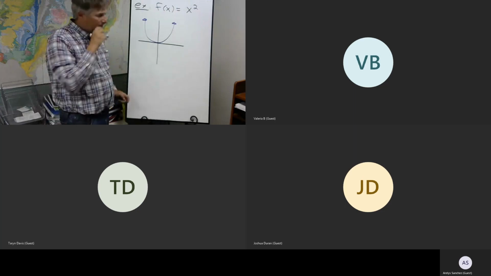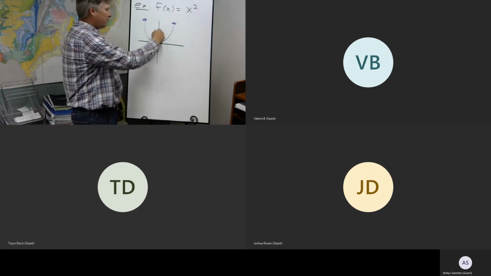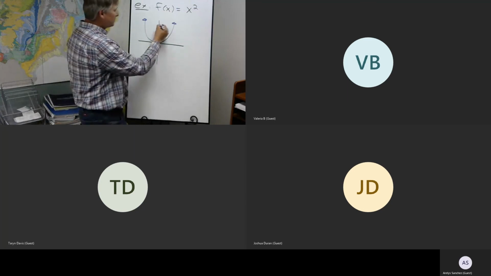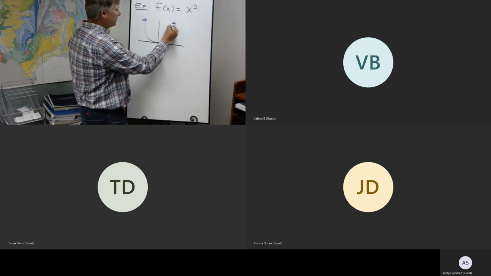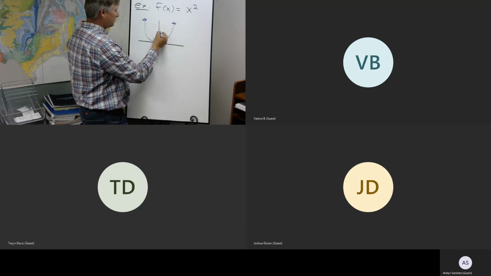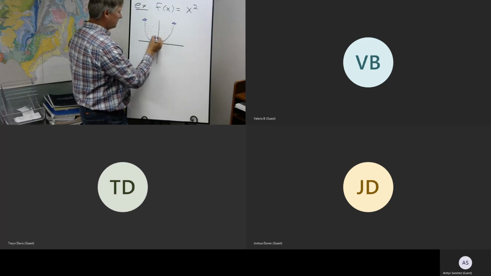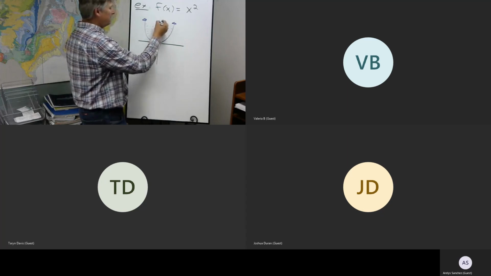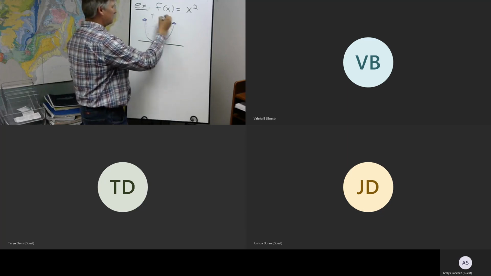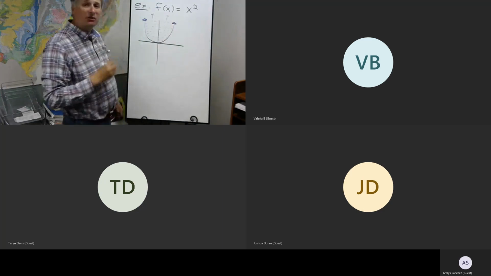Now for the range, we want to look at what's happening with the vertical axis, f of x. So we can start from the axis and we can reach our function, and down to 0. And it looks like this is just going to keep going up as our function moves up.